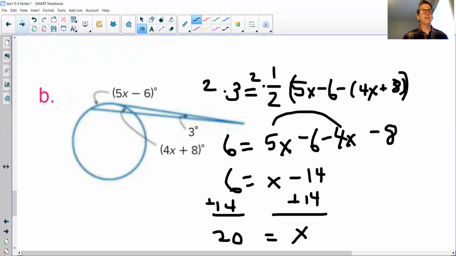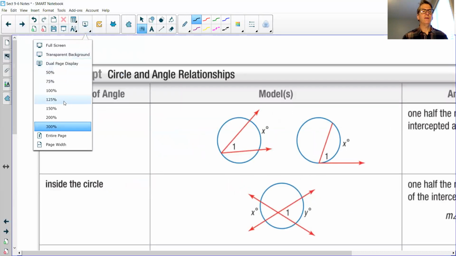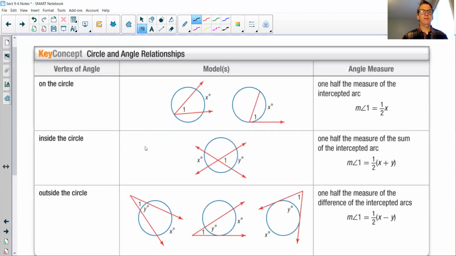Just a reminder, the last page of notes is basically a chart here. And basically it will help you with your circle and angle relationships. Okay, so if you think of it this way, if you have a vertex of an angle on the circle, you're going to be using this.